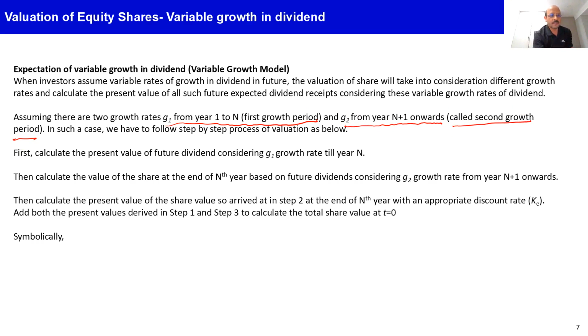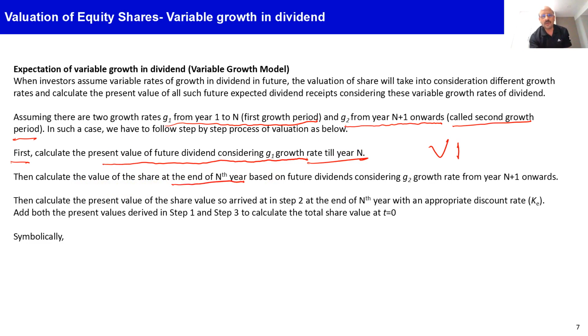In the first step, we calculate the present value of future dividends considering G1 growth rate till year n. Here we call it V1, let's say. Then we calculate the value of the share at the end of nth year when the G2 growth rate starts.